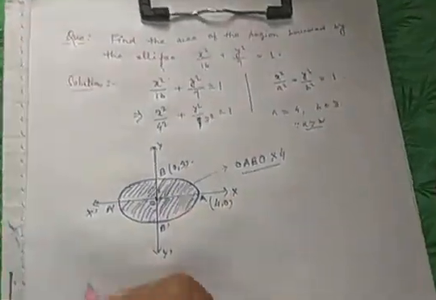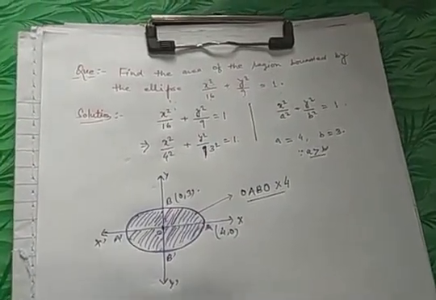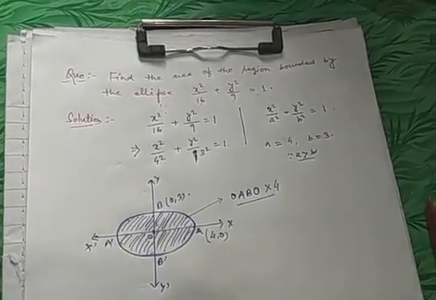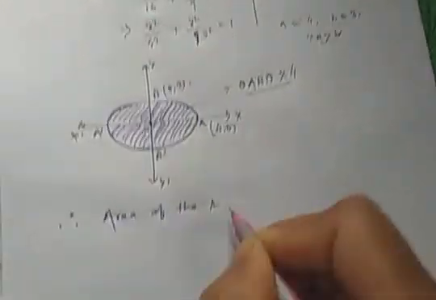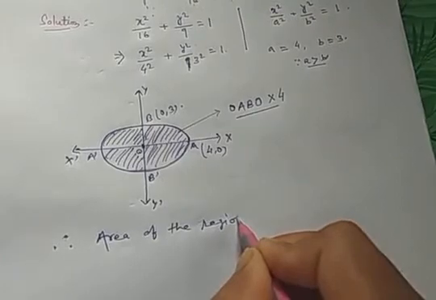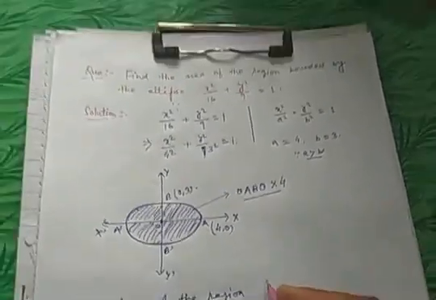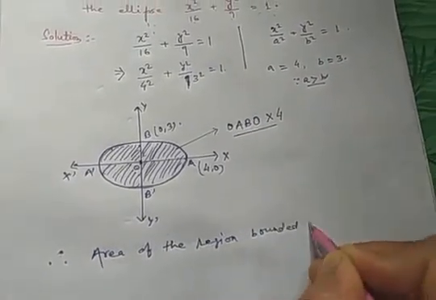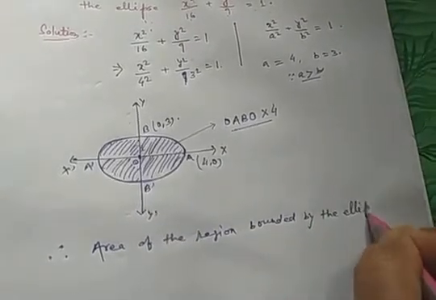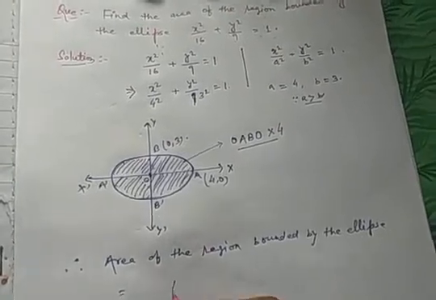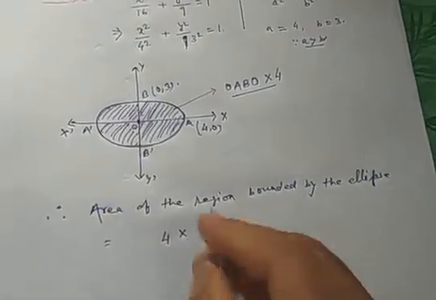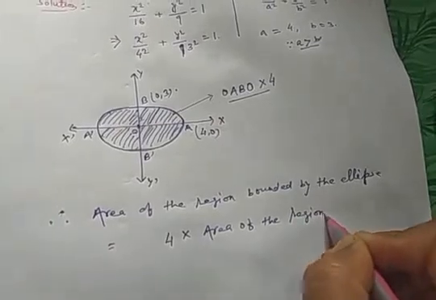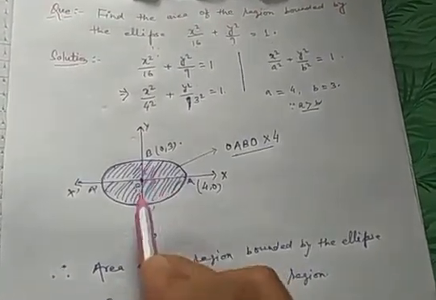So here, students, the area of the region bounded by the ellipse is equal to 4 into the area of the region OABO.